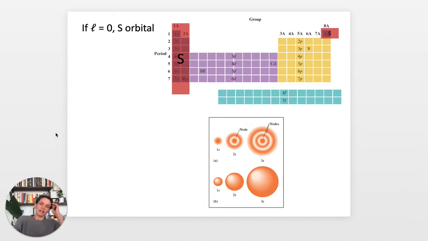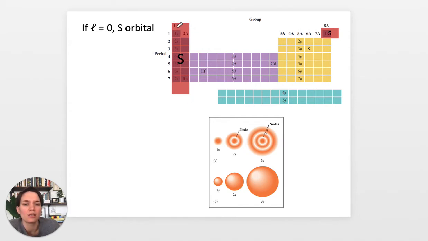Okay, so going back to what I just said, if L equals 0, that would mean that n equals 1. At least 1, of course. You are going to have an s orbital. S orbitals are going to be species in group 1A or 2A.